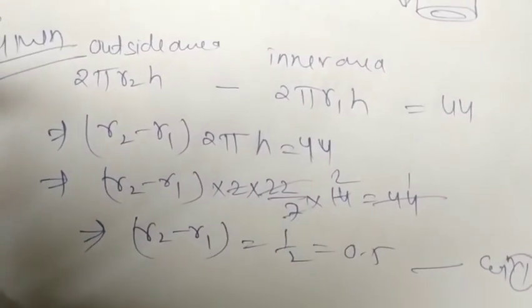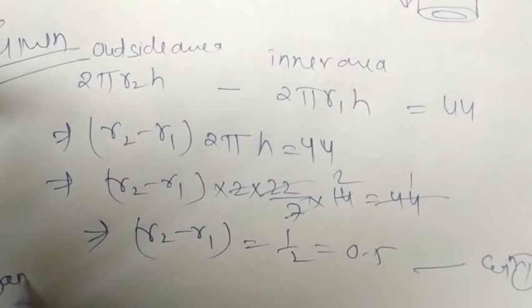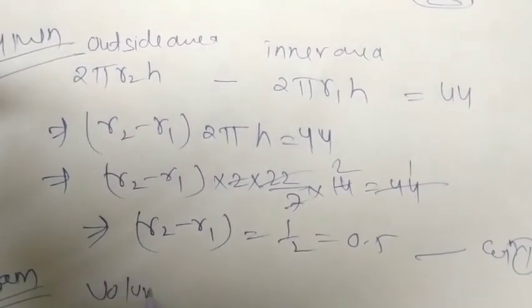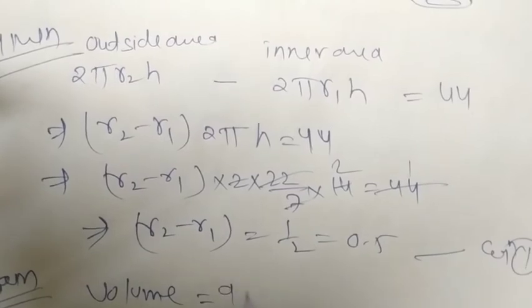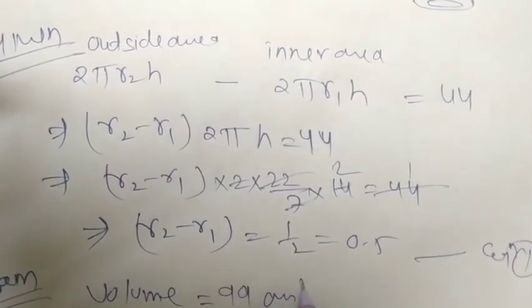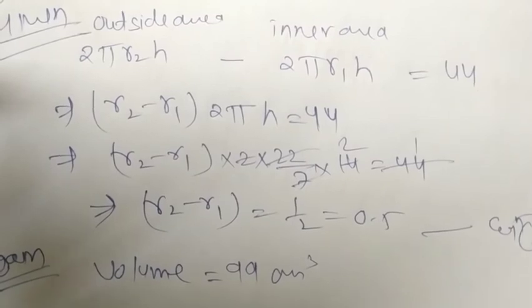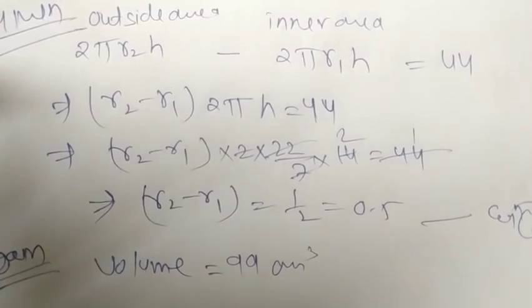Now again, given the volume is 99 centimeter cube. Using the formula of the volume. Now, how to find the volume? The volume will be the base area into height.